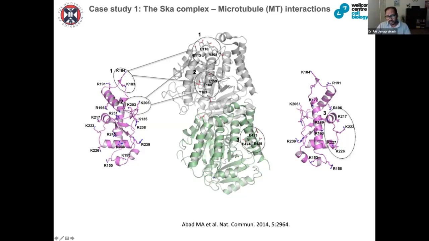And thirdly, most importantly, what we could show is that unlike the NDC-ED complex, the SCAR complex contacts those regions of tubulin that are away from the dimeric interface, which is sensitive to microtubule dynamics. And these regions of tubulin are exposed to solvent irrespective of whether the protofilament is in a straight conformation or in a curved conformation. So SCAR can bind both polymerizing and depolymerizing microtubules in a conformation independent manner.